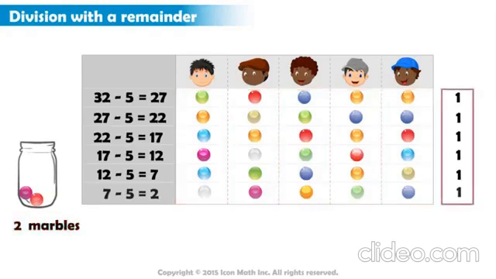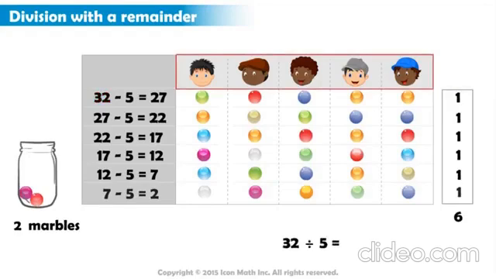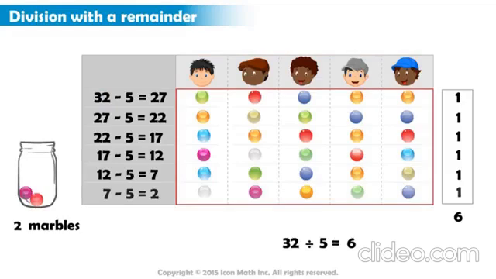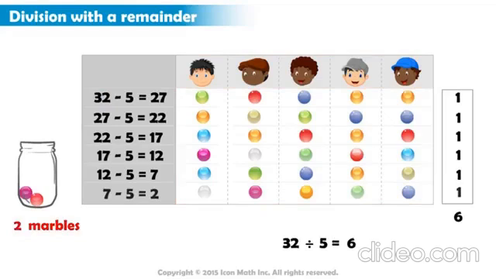So, let us count the number of times each player received a marble. We have 6. So, to divide 32 among 5 people, each player gets 6 marbles, which takes away 30 marbles. And 2 of the 32 marbles remain. Or we can say that 2 is the remainder.